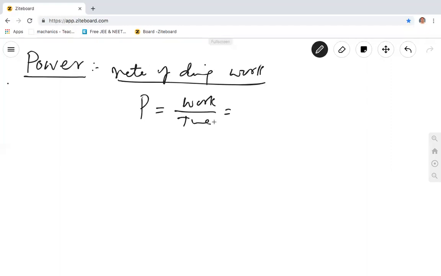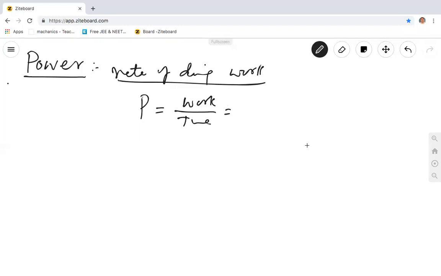If you do more work in less time, only then you have more power. If you run on a jogger run very fast, then your power is more. Suppose you run the whole day, you are doing a lot of work, but over a lot of time. If you do more work in less time, then your power is more. That's why it is the rate of doing work.